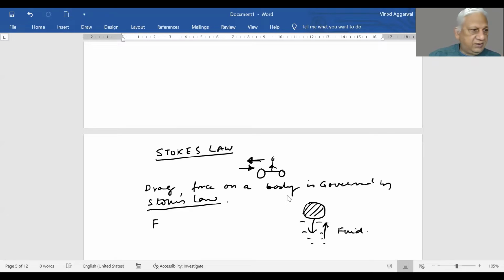So this force of drag is defined as 6 pi eta r v, where r is the radius of the sphere, for example, and v is the velocity with which it is falling.